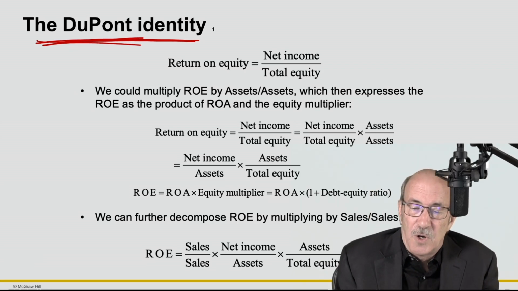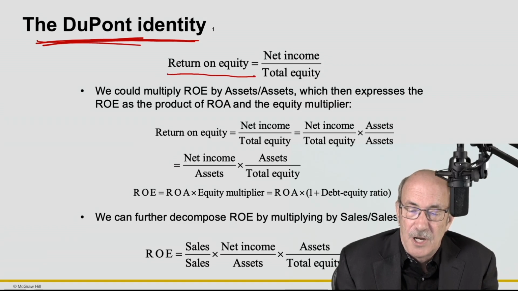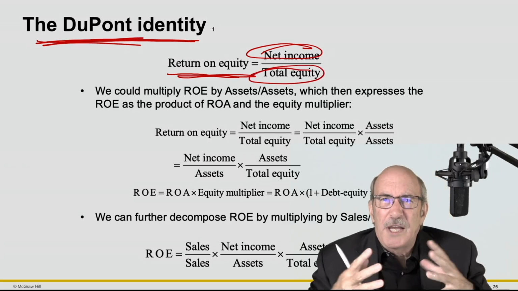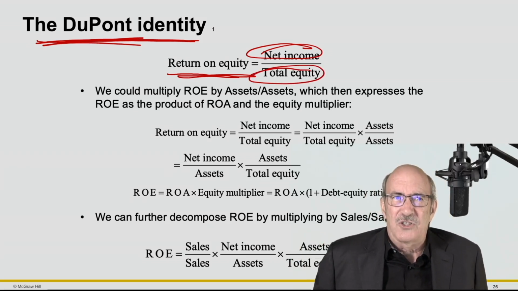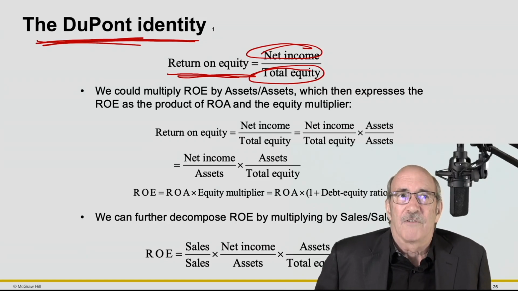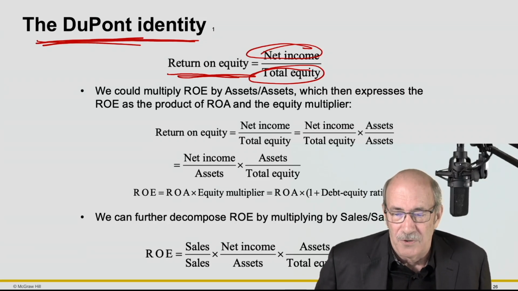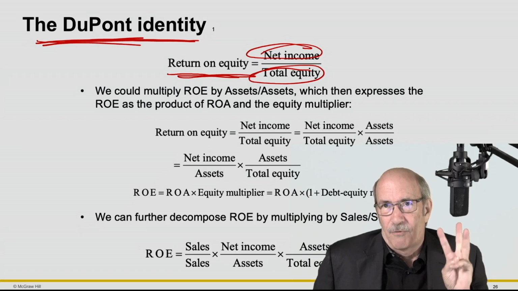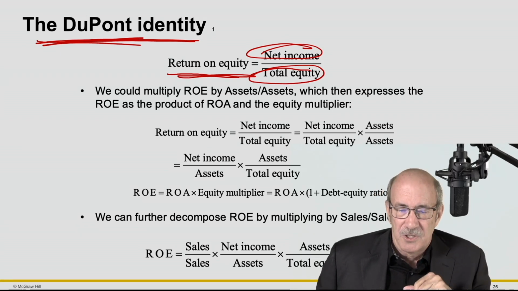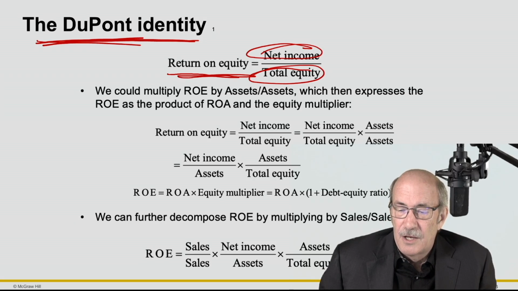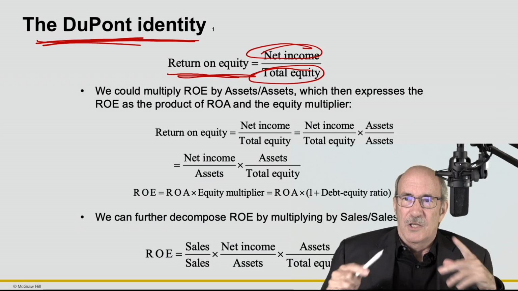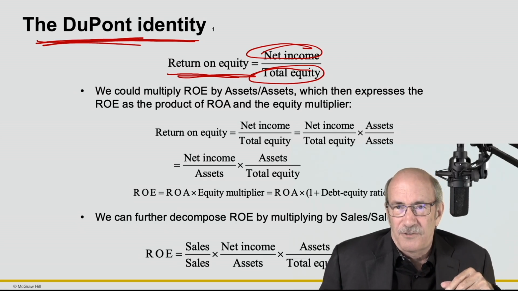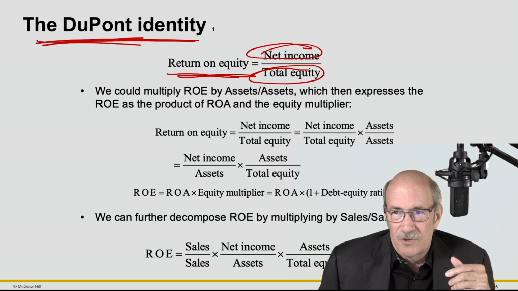But essentially what we're doing here is we're taking the return on equity, which is net income divided by total equity, and we're breaking it up into at least 3 and sometimes 4 and 5 components depending upon our purpose. We're just going to look at the 3-component decomposition here. And what they have done here is walk you through the process on this slide. The authors do this in the text as well.